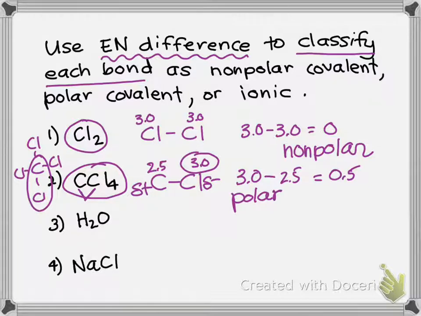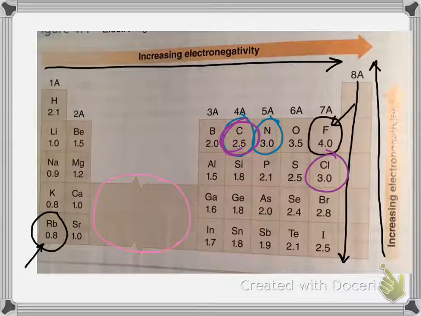Now here's water, and again, it's not asking you about the whole thing, it just wants to know about each bond. Well, this has an oxygen and a hydrogen bond, right? Water is like this. So I don't have oxygen or hydrogen. Let's go find them. Oxygen is a 3.5 and hydrogen is a 2.1.